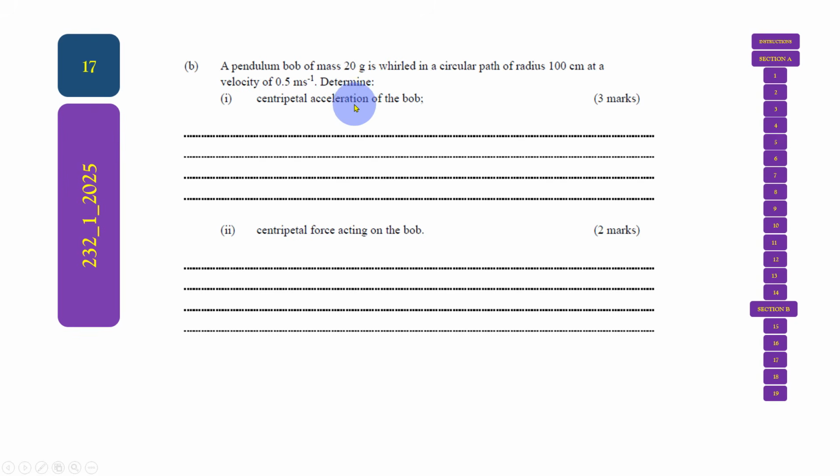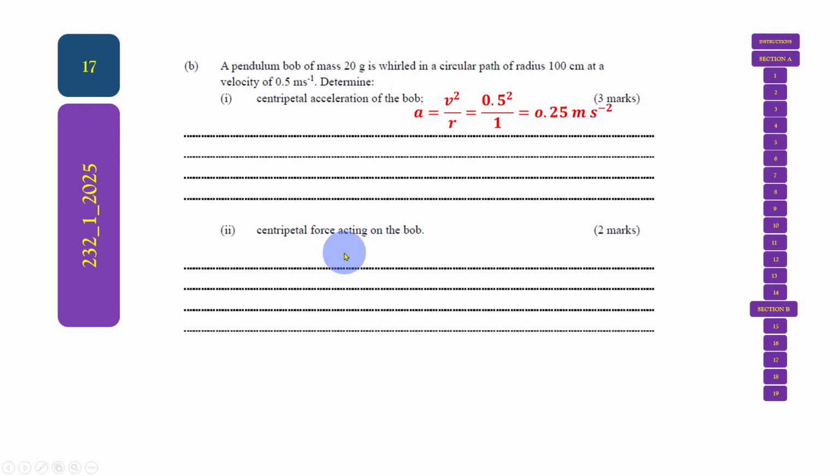Here, since we know the linear speed along the circular path, we just need to remember that centripetal acceleration is given by v squared over r. So we substitute, and we get the acceleration to be 0.25 meters per second squared.